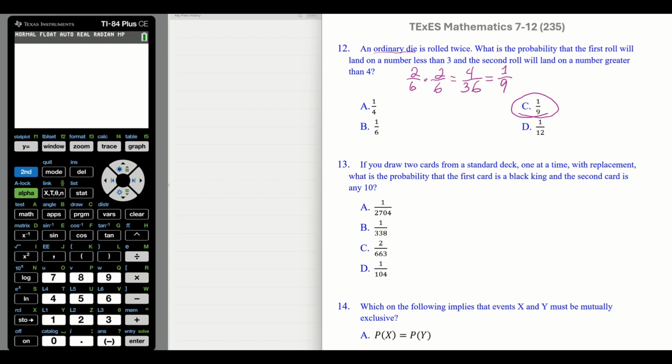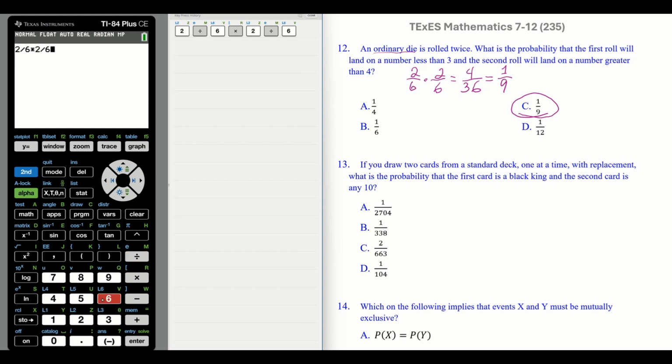We don't need to use parentheses. So we have 2 divided by 6 times 2 divided by 6. Enter. Of course, we need a fraction. So math, enter, 1/9.